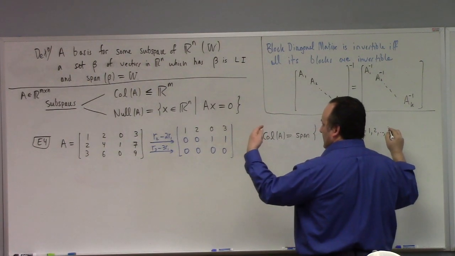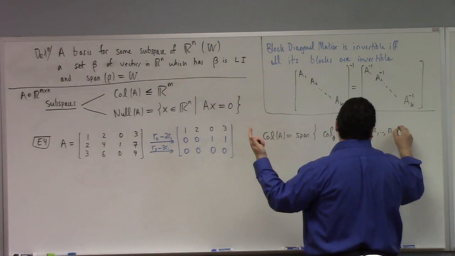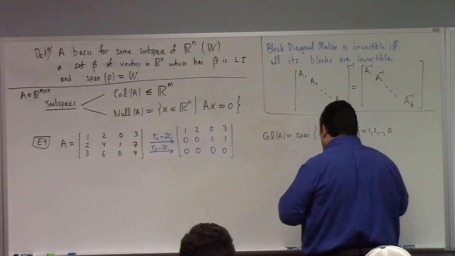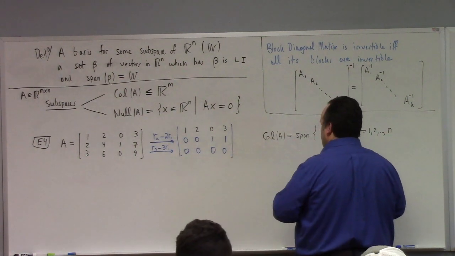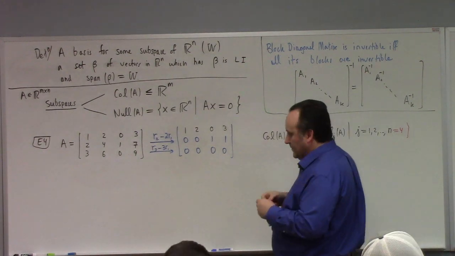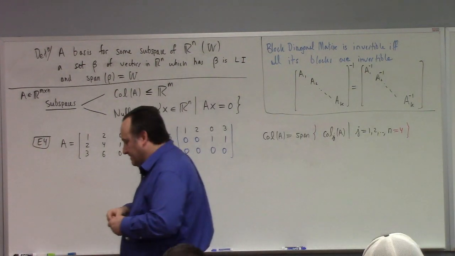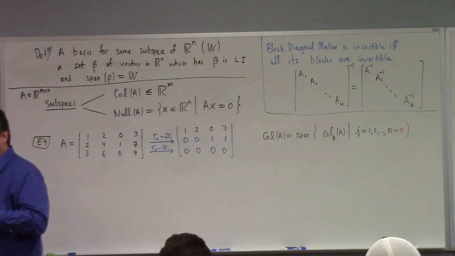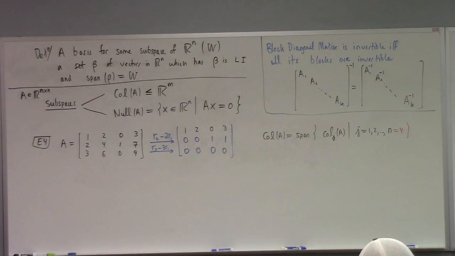In the abstract it's n, but for this example, n equals 4, right? So the question then is, what is a spanning set for the columns? Which columns can I use to build any other columns?